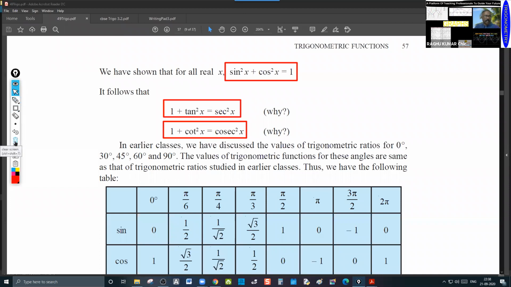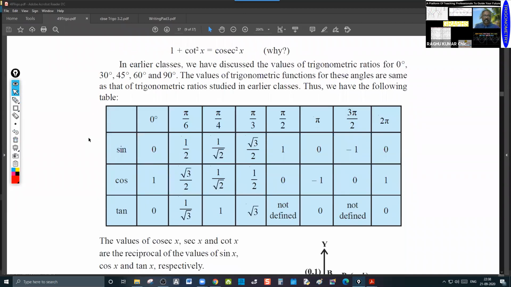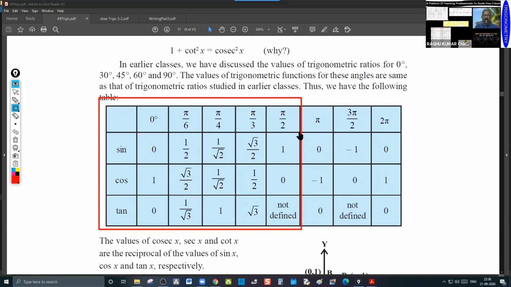Now this is the table I just gave you, and I need not mention the values of 30, 45, 60, 90 for different trigonometric ratios, sine, cos, and tan, because you have learned this already in your 10th class itself. This part is known to you, and this part is new to you.